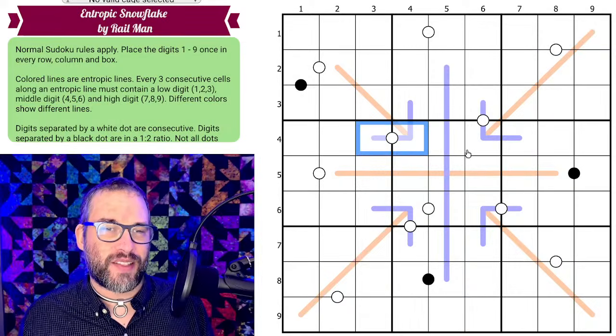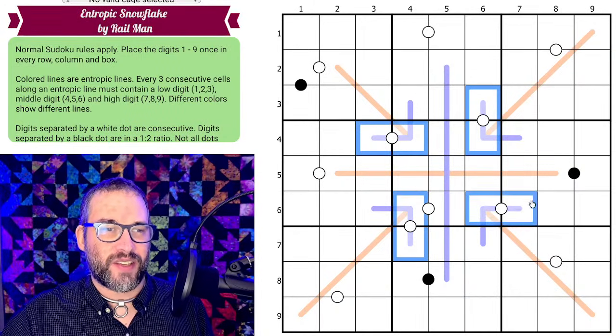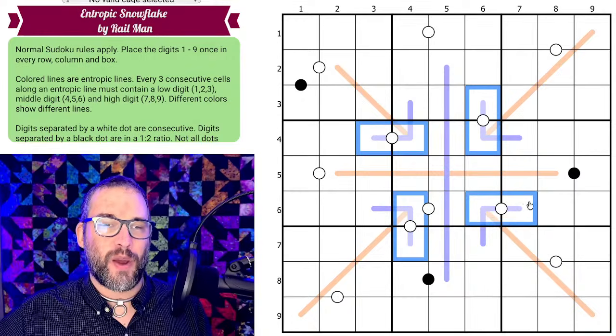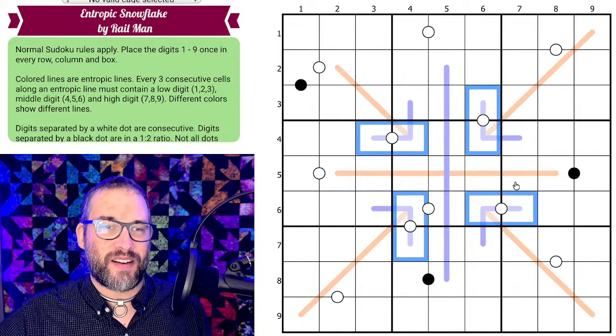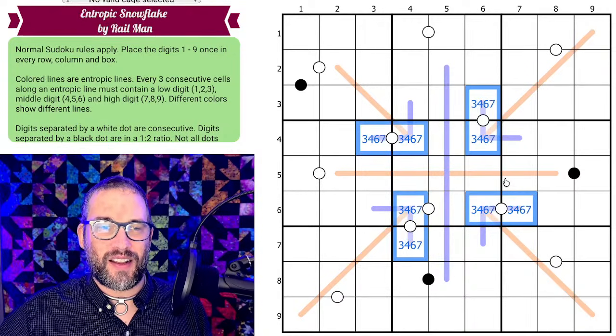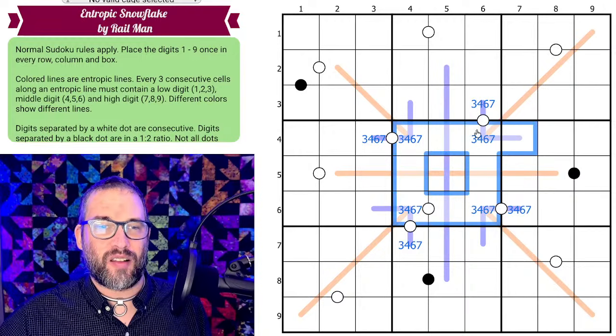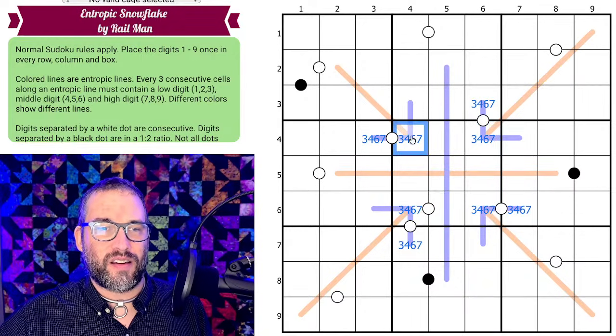The thing I see immediately is that white crop keys on an entropic line can only be 3, 4, or 6, 7. And that gives us a quad in the corners of box 5.